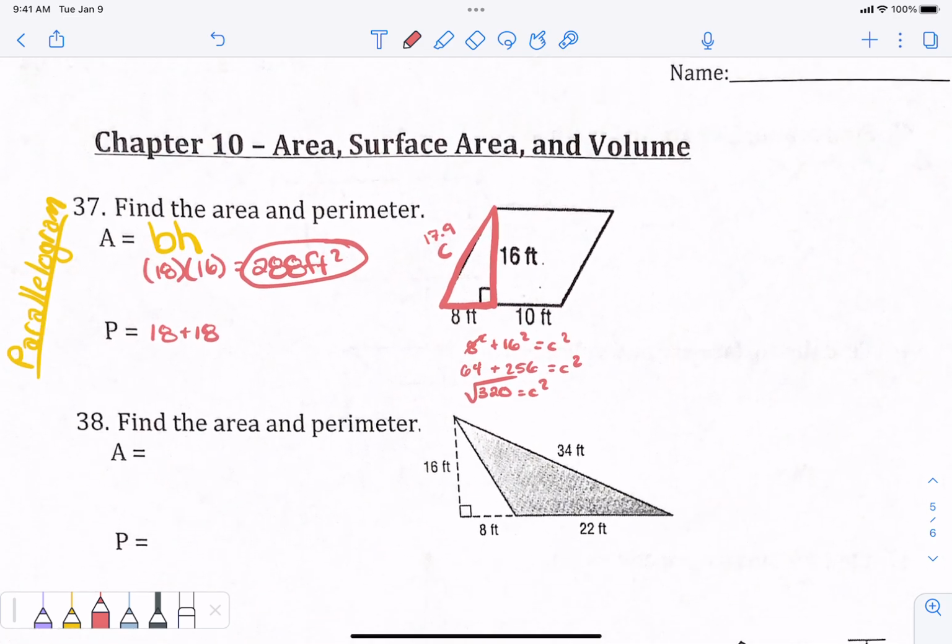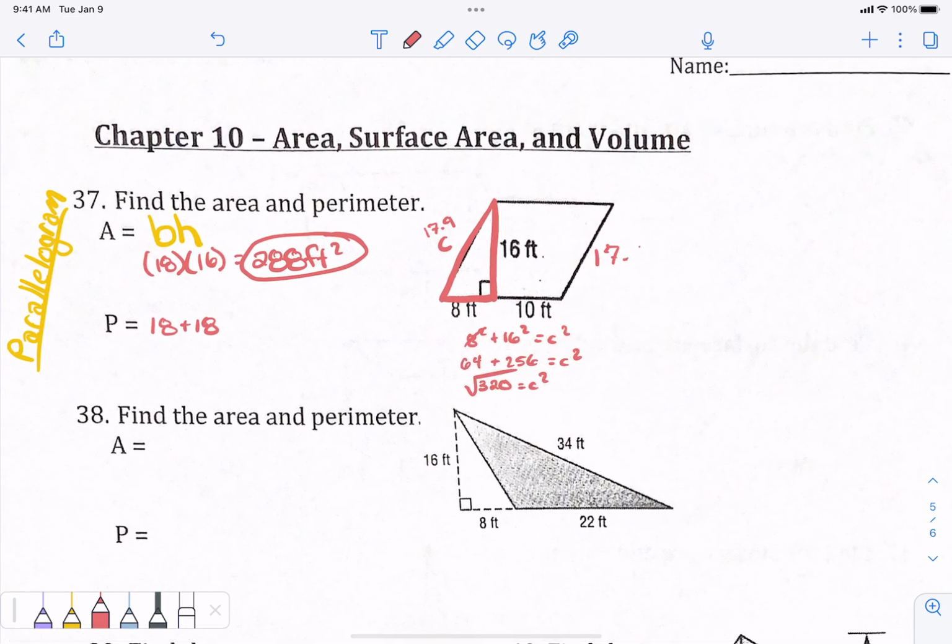Okay, so my other two sides are 17.9 and 17.9, so I'm going to add those. I got 71.8, I think, for the perimeter. And that's in feet.